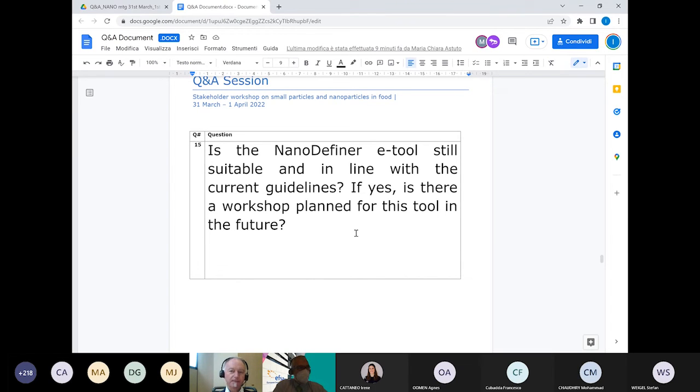Therefore, it is relevant for the risk assessment guidance here only insofar as the user needs to decide whether it's a nanomaterial or not according to this definition, and not for the nanomaterial definition in the novel food. So it was not developed to be in line with the guidance discussed here.